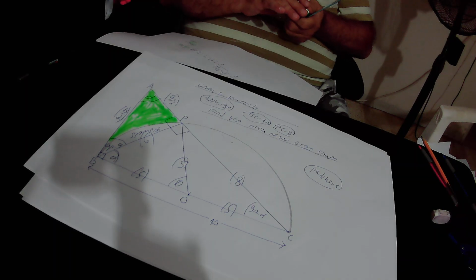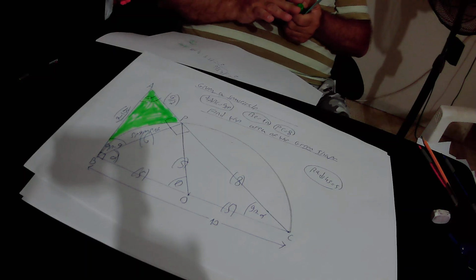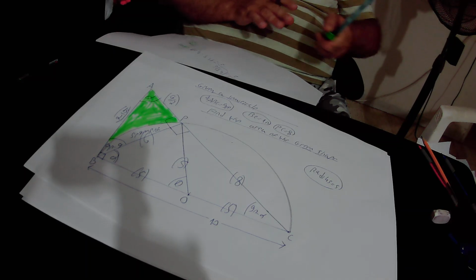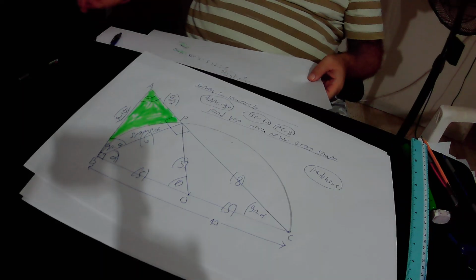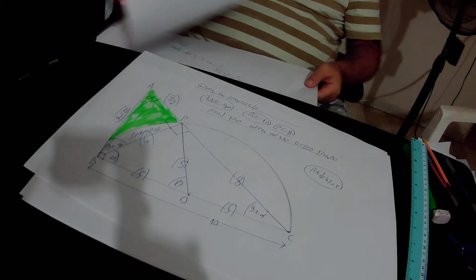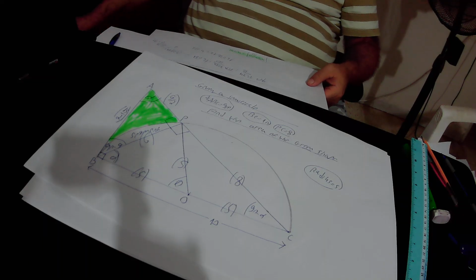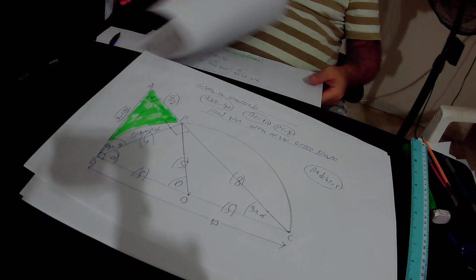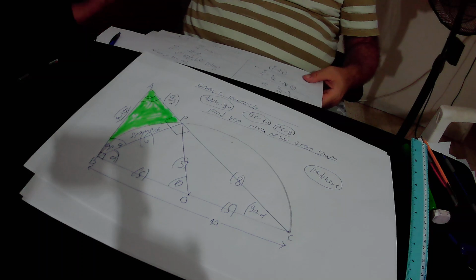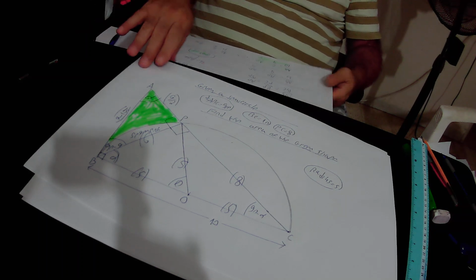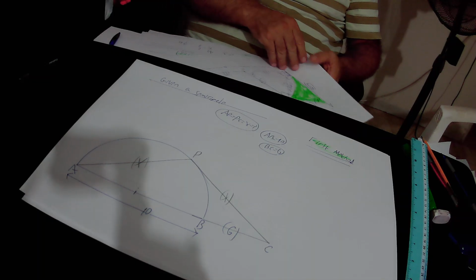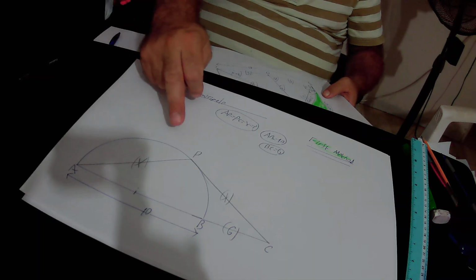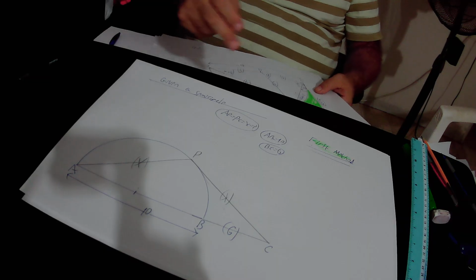In the next step, I present the second question, and we solve it in two different methods. In the second question, our task is to find the length of line segment AP that is equal to x. We have to find the value of x.